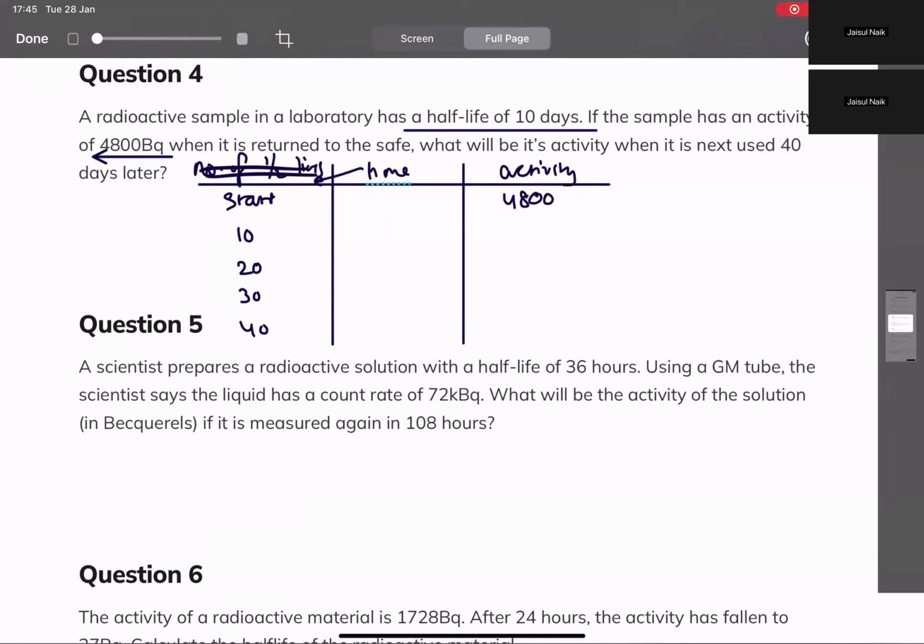What would it be after 10 days? 2,400. Good. What about after two half-lives? 1,200. Yeah, good. And then 600 and then 300, because it's literally halving every 10 days. So the answer is 300 Bq.